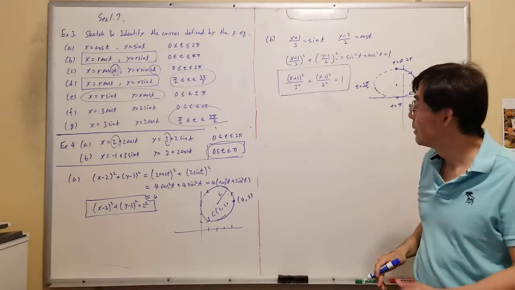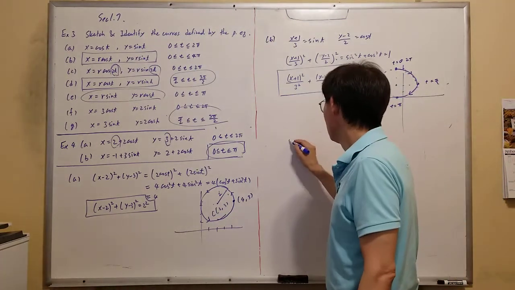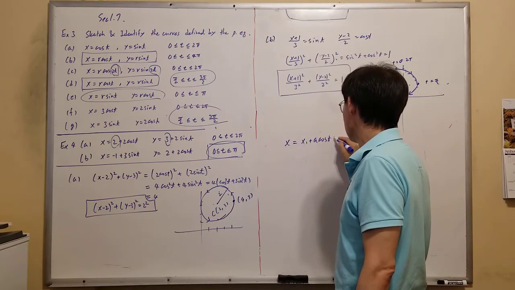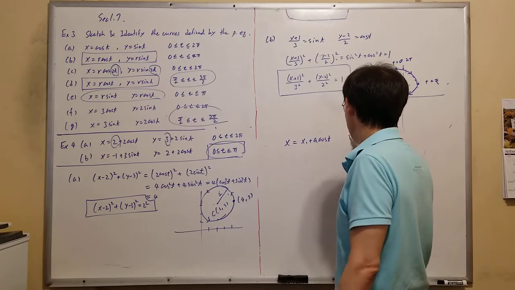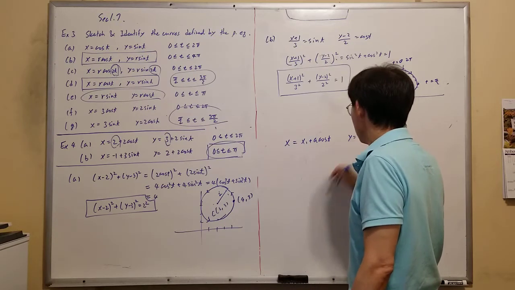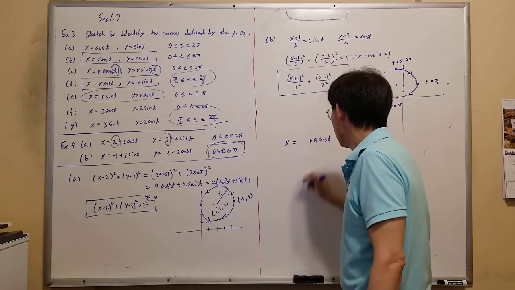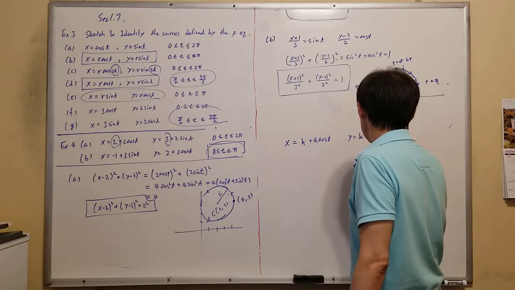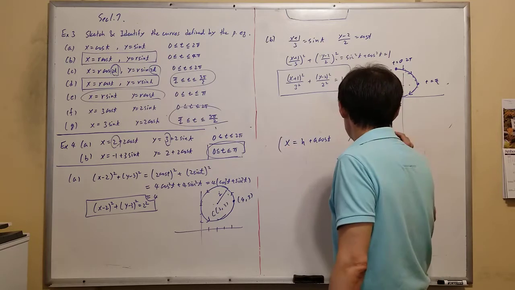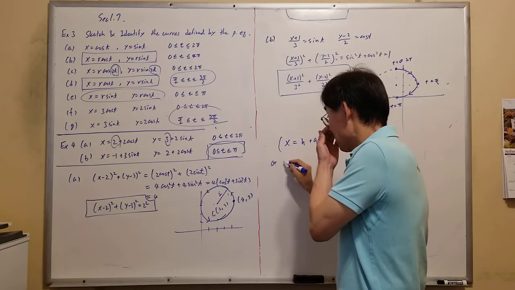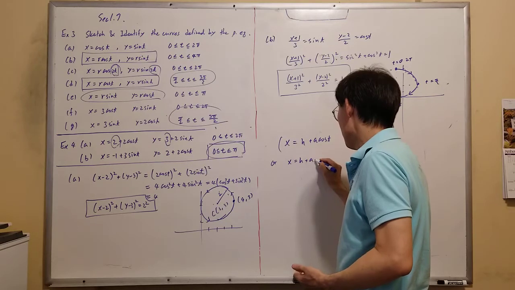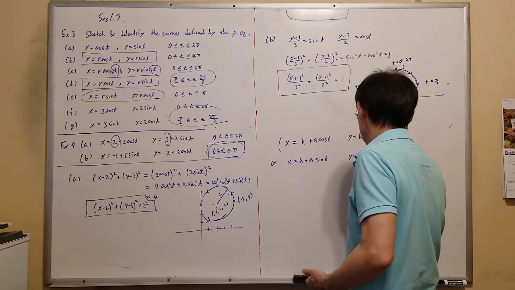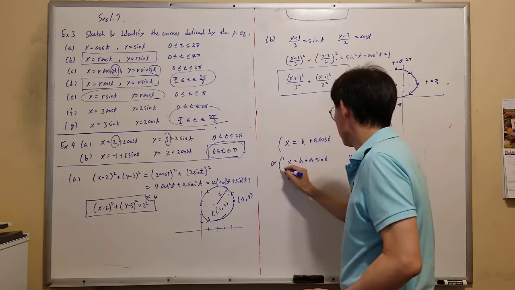Okay? All right, so in the end you have x equals h plus a cosine t, y equals k plus b sine t, or x equals h plus a sine t, y equals k plus b cosine t.